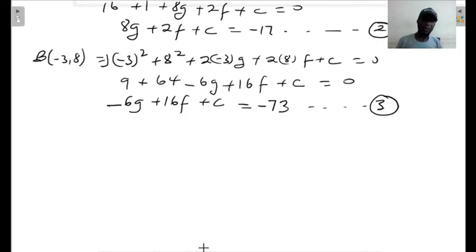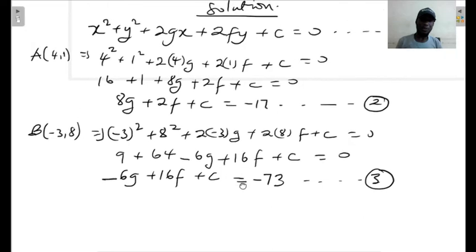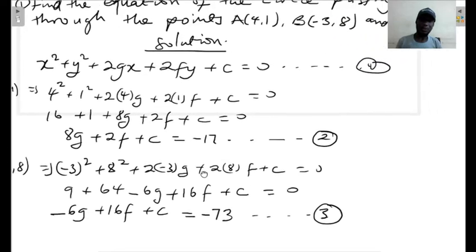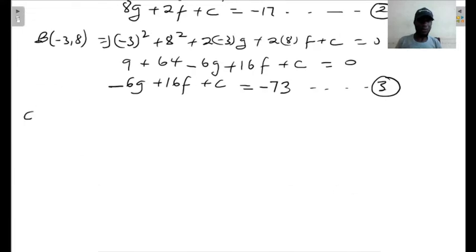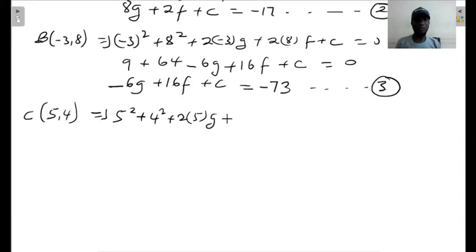Then we take the third point, which is C, with coordinate (5, 4). At C we have 5 squared plus 4 squared plus 2 times 5g plus 2 times 4f plus c equals 0.